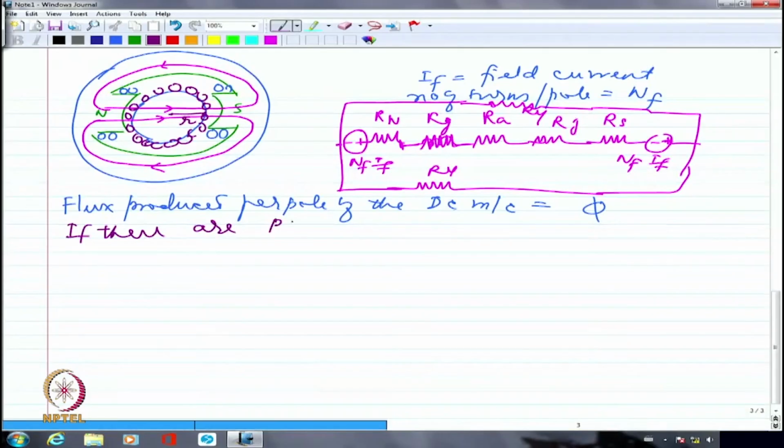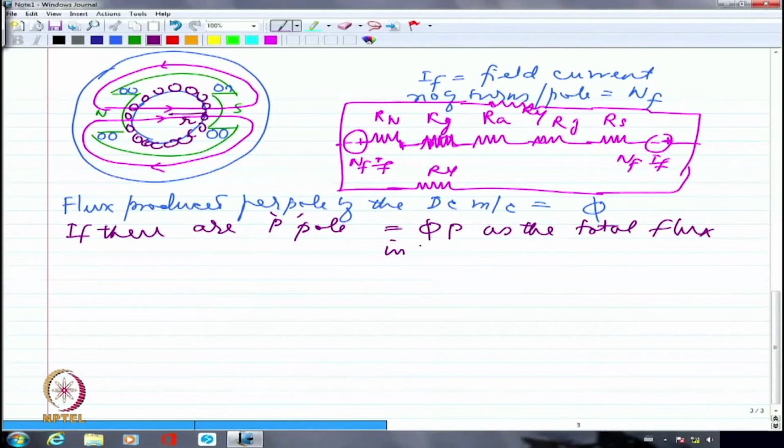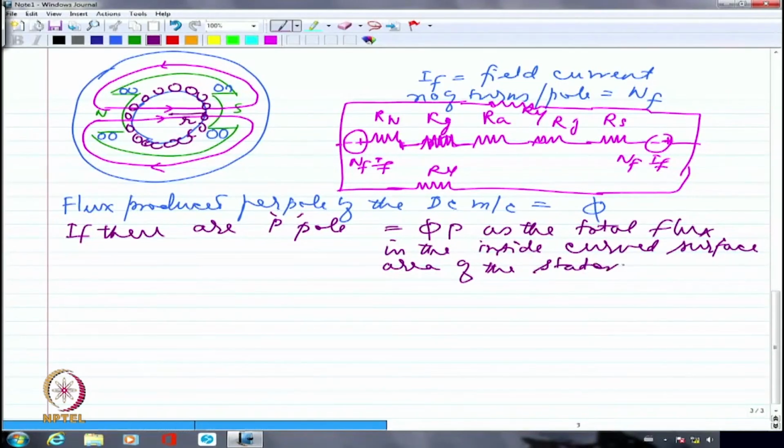I am going to have phi times P as the total flux in the inside curved surface area of the stator, which will be faced by all the conductors on the outer periphery of the rotor.